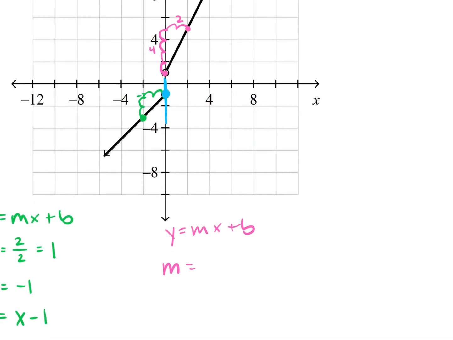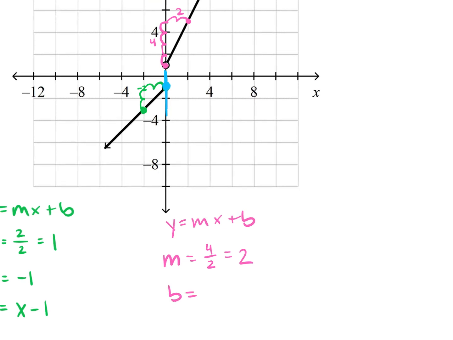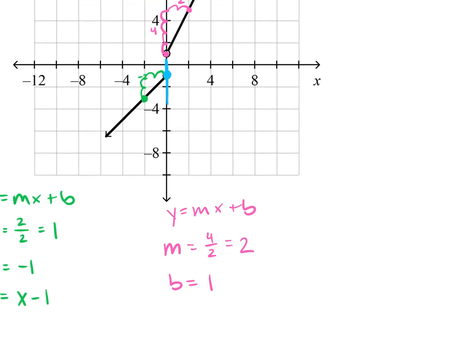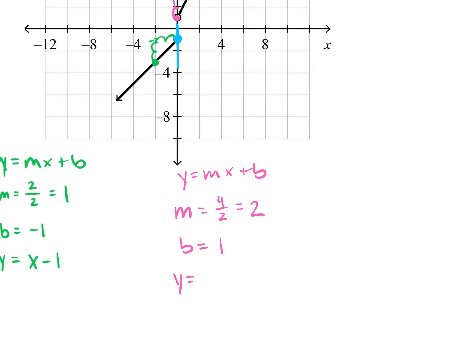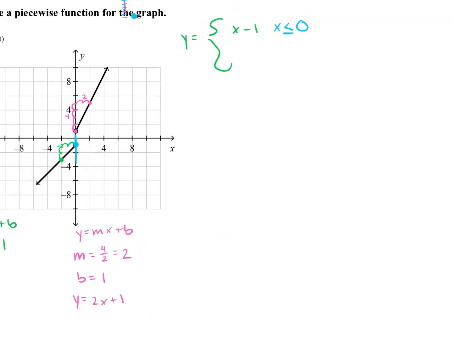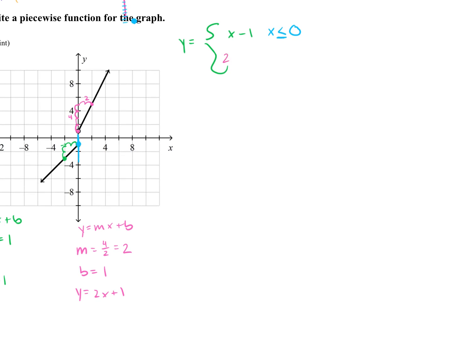So my slope here would be 4 over 2, which simplifies to 2. And then what is my y-intercept, my b? 1. Cross the y-axis at +1. So when I put this together, I have y equals 2x plus 1.